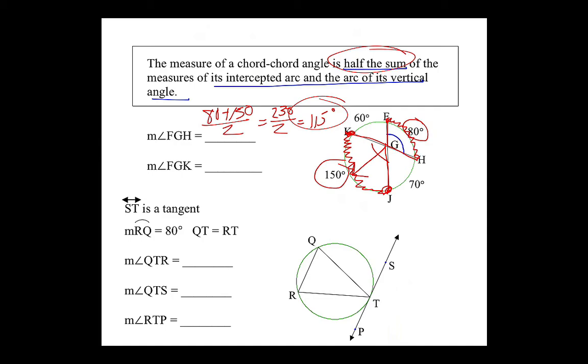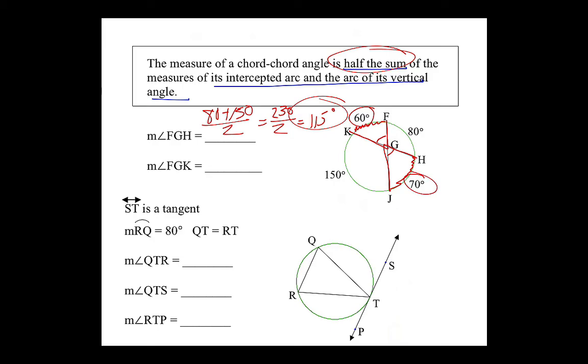We're going to get the same thing when we try and find the measure of angle FGK. So FGK would be this angle. So I'm going to trace that out, FGK. The intercepted arc is 60. The vertical angle to that is right here, which would be HGJ, and the intercepted arc of that is 70.